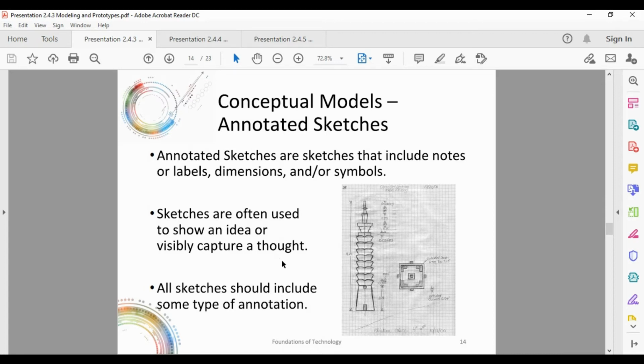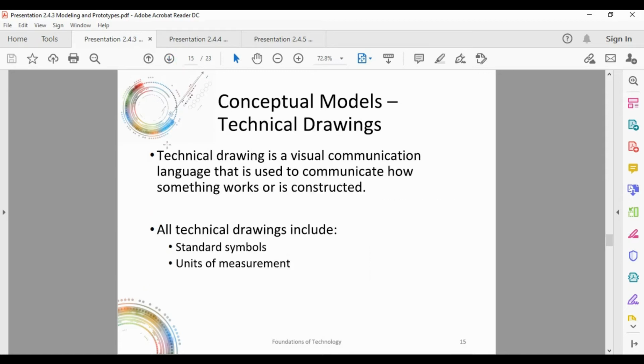Sketches are often used to show an idea or visibly capture a thought, and all sketches should include some type of annotation. Okay, there should be something in there just beyond the basic sketch. I noticed that in a lot of the orthographic representations that we did, there was a lot of information that could have been given that wasn't, but it's okay because it was our first go round.